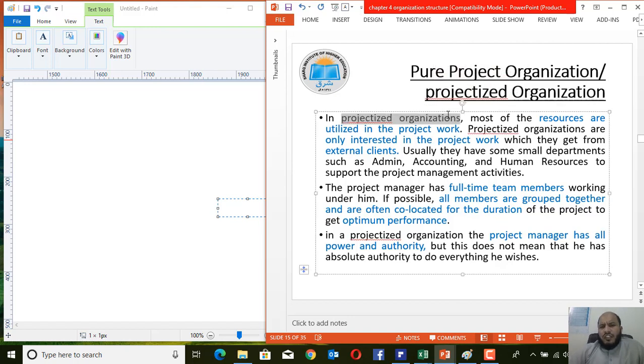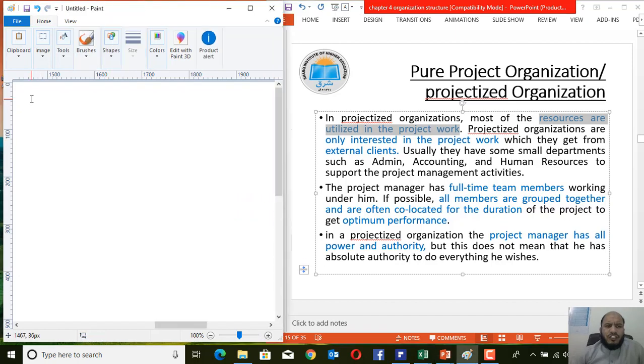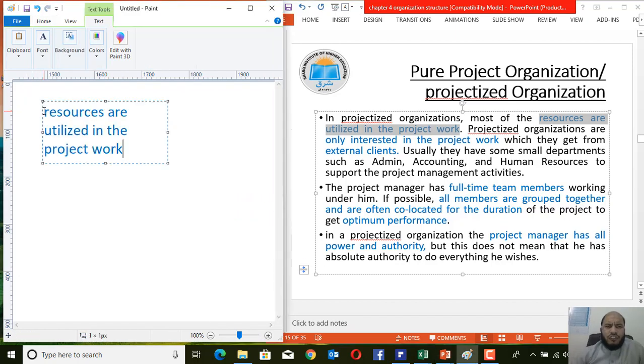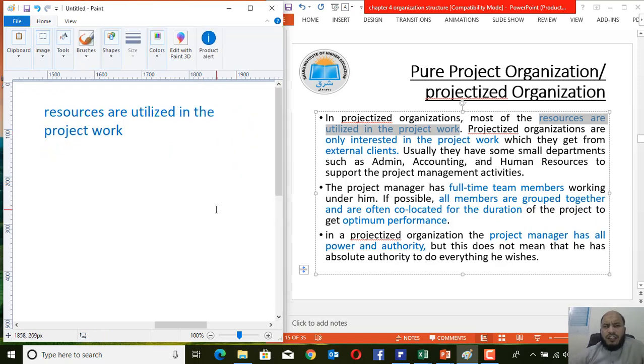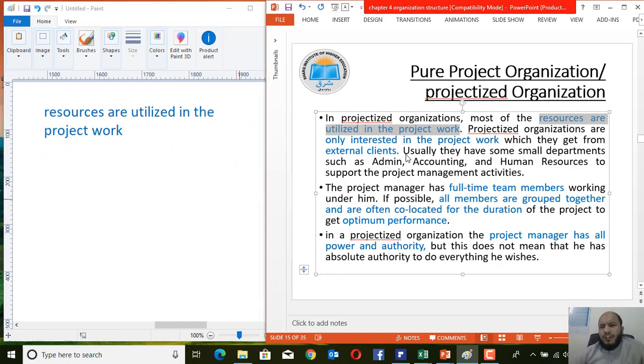See the slide. In a projectized organization, resources are utilized in project work. The resources of the organization are always utilized to achieve the organizational goals. Dear students, a projectized organization is only interested in its project work.